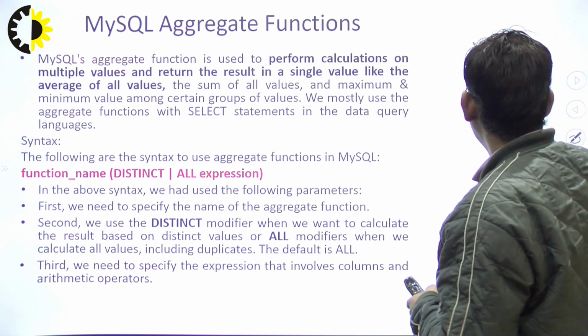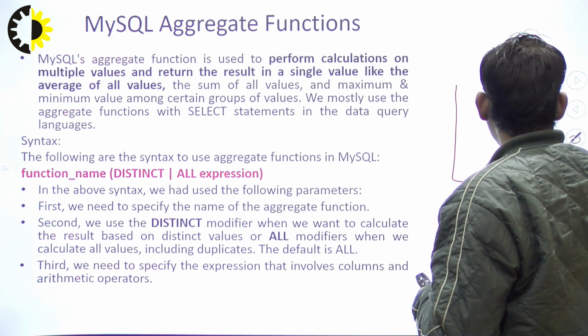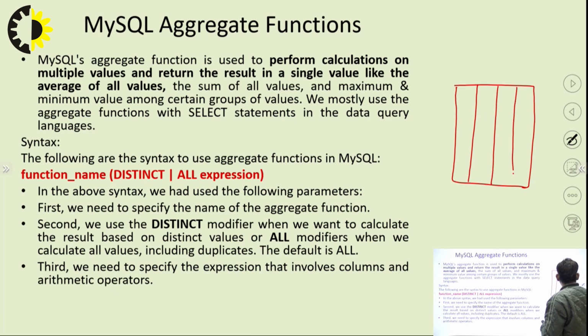Let's suppose we have a table. This table contains multiple columns or attributes: attribute A1, attribute A2, A3, and A4.